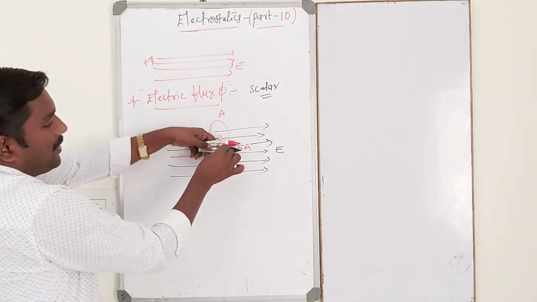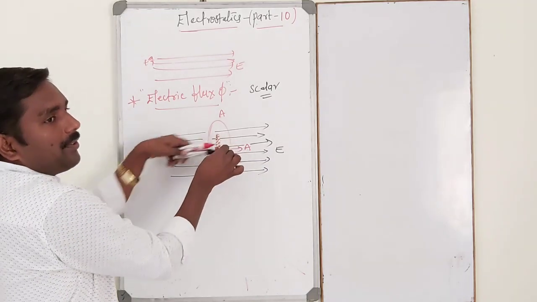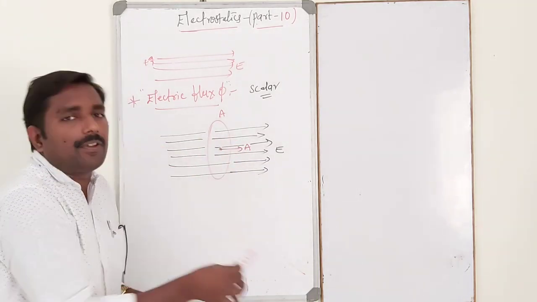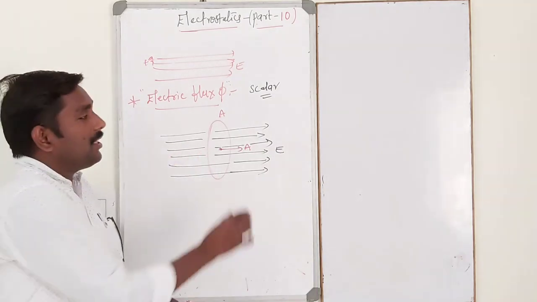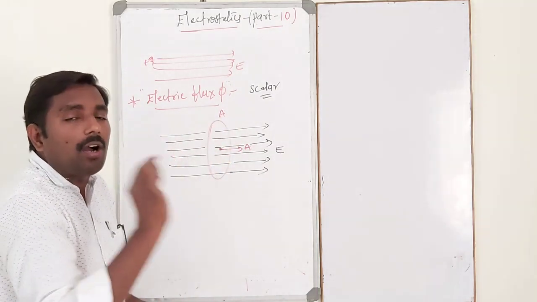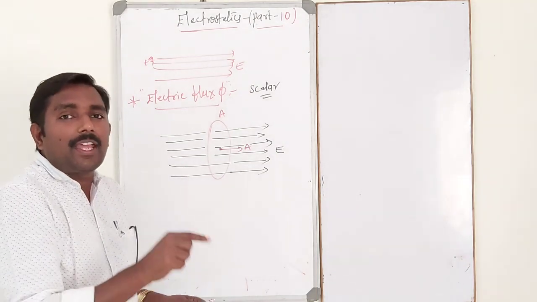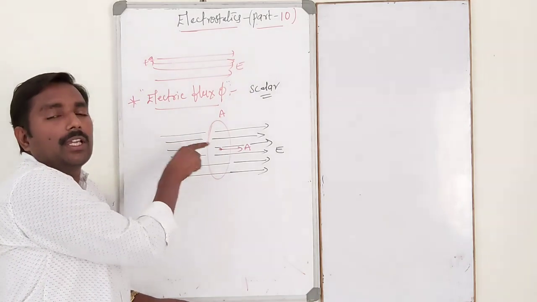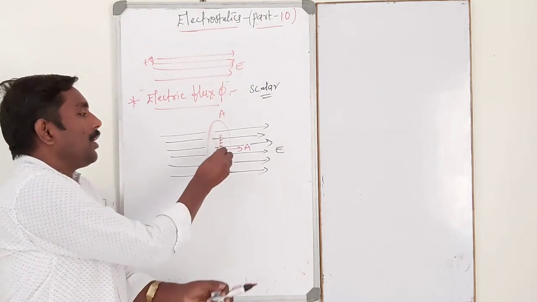The number of field lines passing normal, or perpendicular, to the given area is called electric flux. In this case, area is a vector. What is the direction of area? The direction of the given area is normal to the given surface, or normal to the bangle.